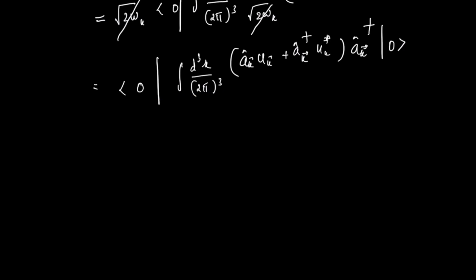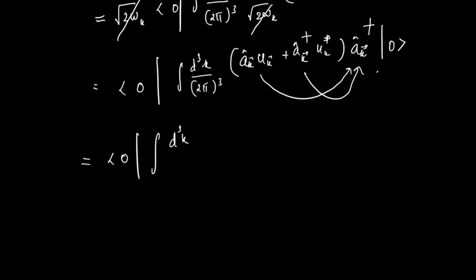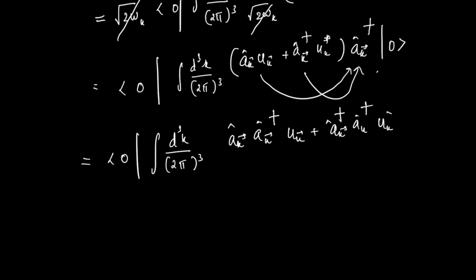Now here I have to do cross multiplication, right. Integral d cube k by 2 pi cube, ak dagger uk plus ak dagger uk star.